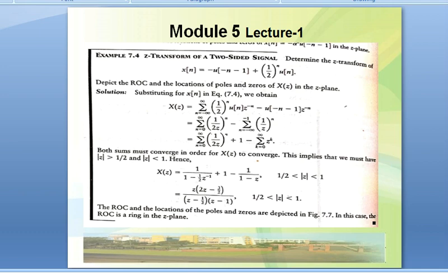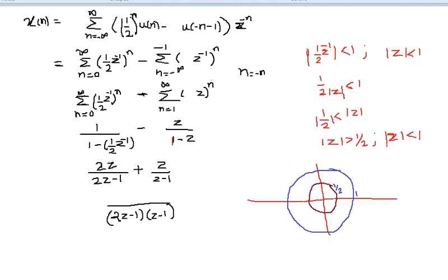Let's represent z is equal to 0 and z is equal to 3 by 4. 3 by 4 means 0.75, which will be in between. So let's write properly: it is 3 by 4 and it is 0.